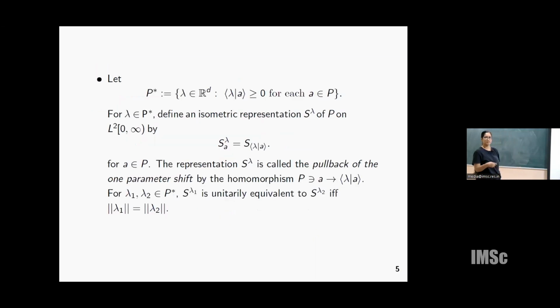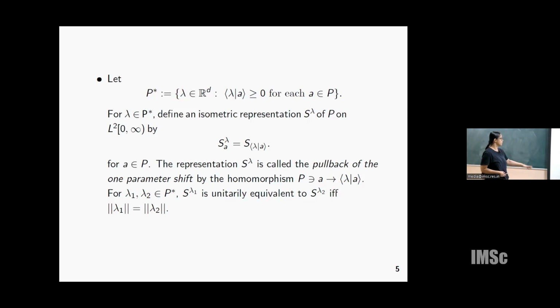It is also an example of an isometric representation with commuting range projections. As a higher dimensional analog of the shift, if we consider the cone P, we can look at its dual cone, which is defined as the set of all lambda in R^d such that the inner product of lambda and a is non-negative for each a in P. For each lambda in P star, we can define a representation S_lambda of P on L2(0, infinity) by S_lambda(a) is S at inner product of lambda and a.